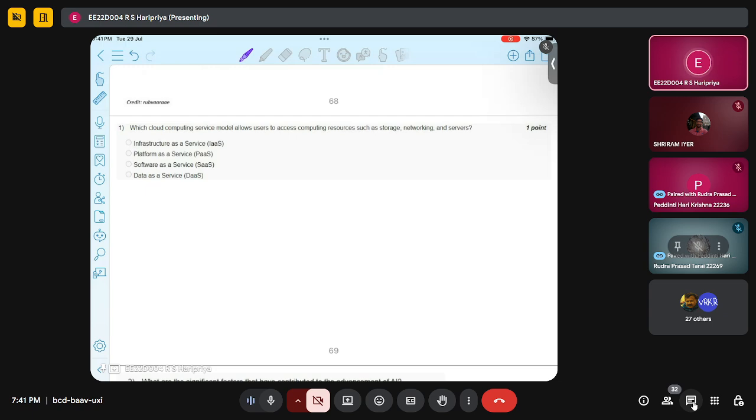So at the platform level, it provides the platform without dealing with any of the underlying infrastructure. At the software level, it gives the software application over the internet, just the application. And data as a service provides on demand access to the data.